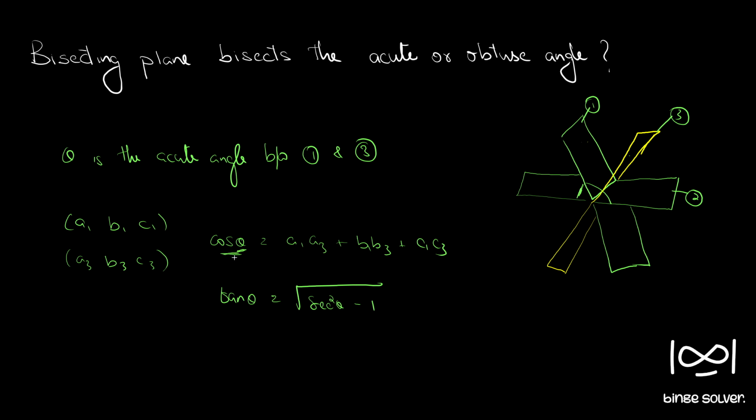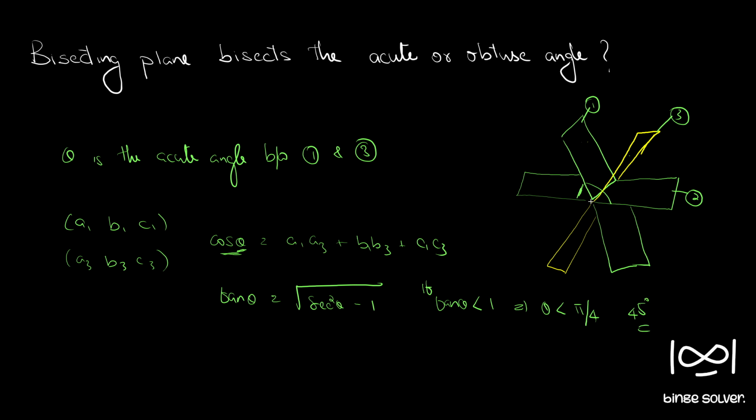We have cos theta here. 1 by cos theta is sec theta, and squaring it gives sec square theta. Root of sec square theta minus 1 gives tan theta. And once we find tan theta, we will check if tan theta is less than 1, that means theta is less than pi by 4 or 45 degree.